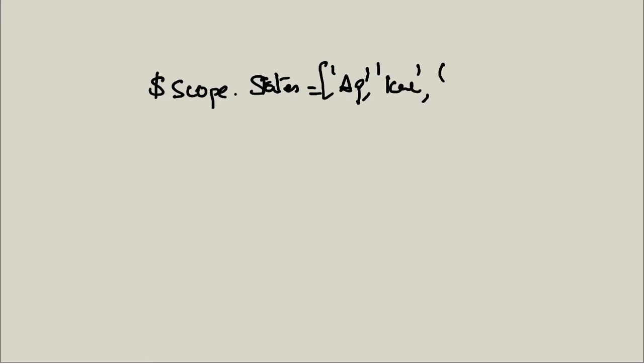For instance, let's consider we have an array of states in our controller, with some AP, Karnataka, Tamil Nadu and Kerala.